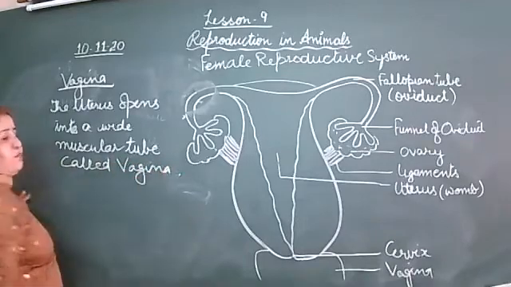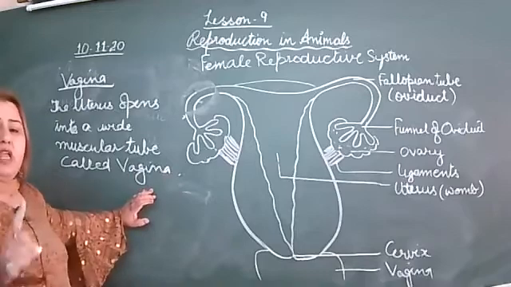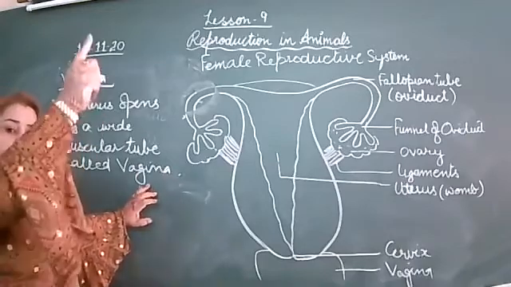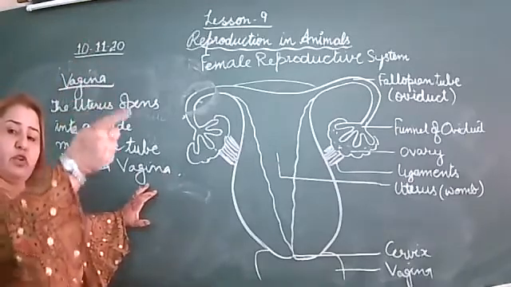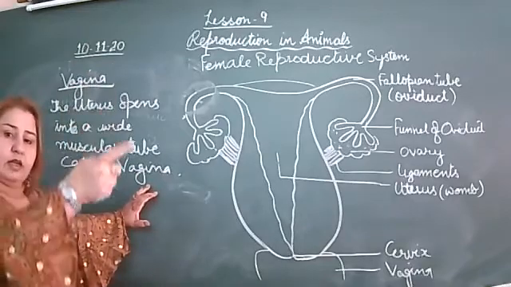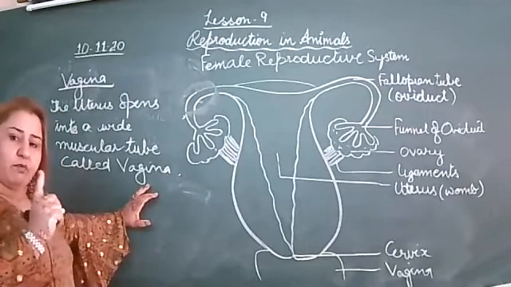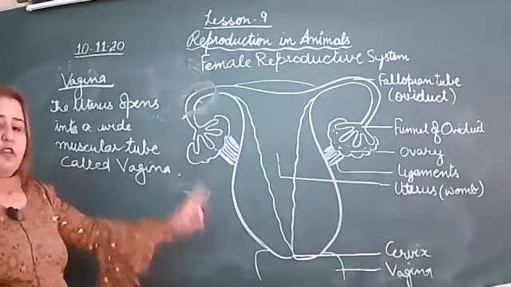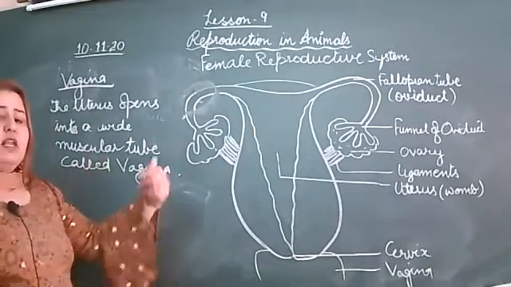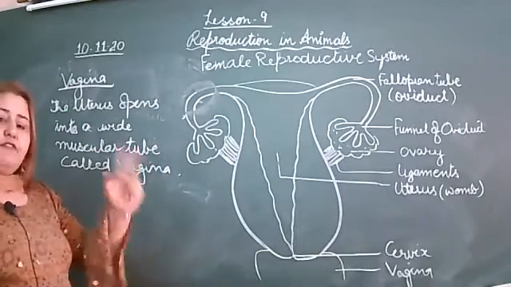Here it is a very important point that in male, if you remember, when we made the male reproductive system, the urine as well as the sperms are released through the same single opening. But in case of the females, urinary opening and the opening for eggs, the vaginal opening, are different.